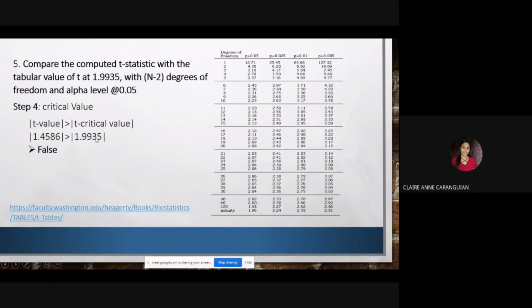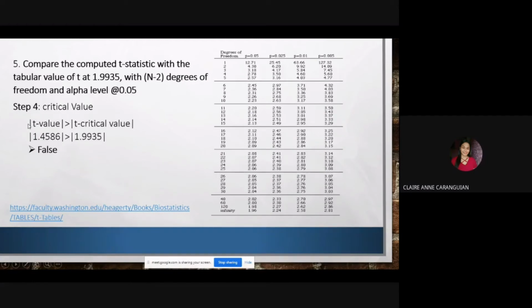So, when we are comparing the t value to the critical value, the normal equation is absolute t value greater than absolute t critical value.